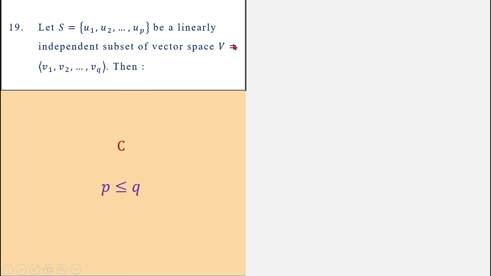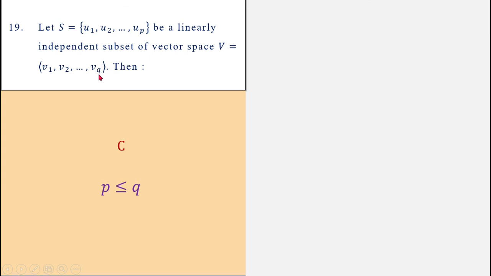Because V is spanned by the vectors v1 vector, v2 vector, vq vector, these vectors form a basis for V. So every superset of this basis of the vector space is linearly dependent. Means every set containing more than Q vectors is linearly dependent.